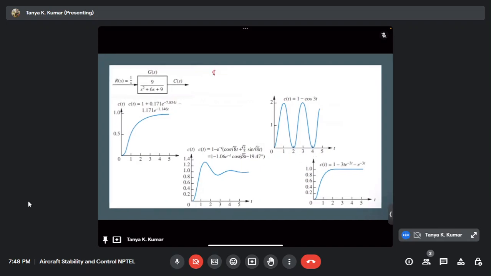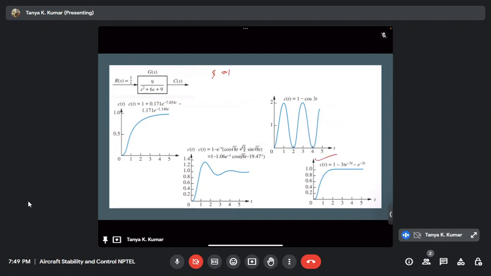What is the damping ratio here in this case? Damping ratio is 1. So this is critically damped.